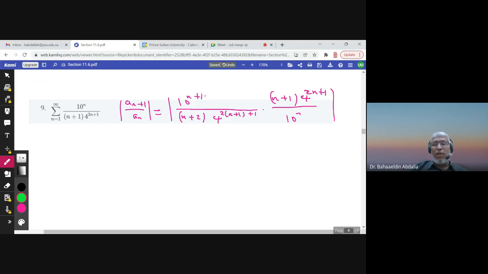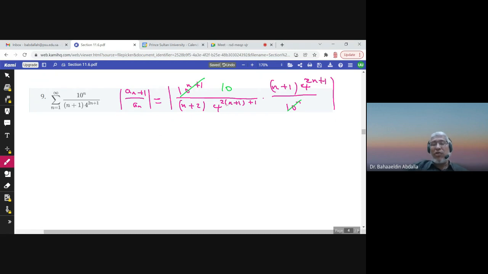Well, this cancels with this, and I'll have 10 here. And I'd like to understand what this is now. This is 2n plus 2 plus 1. So in fact, this is 4 to the power 2n plus 3. And I can write it as 4 to the power 2n plus 1 times 4 square. So I can cancel this with this, and I'll have 4 square below.